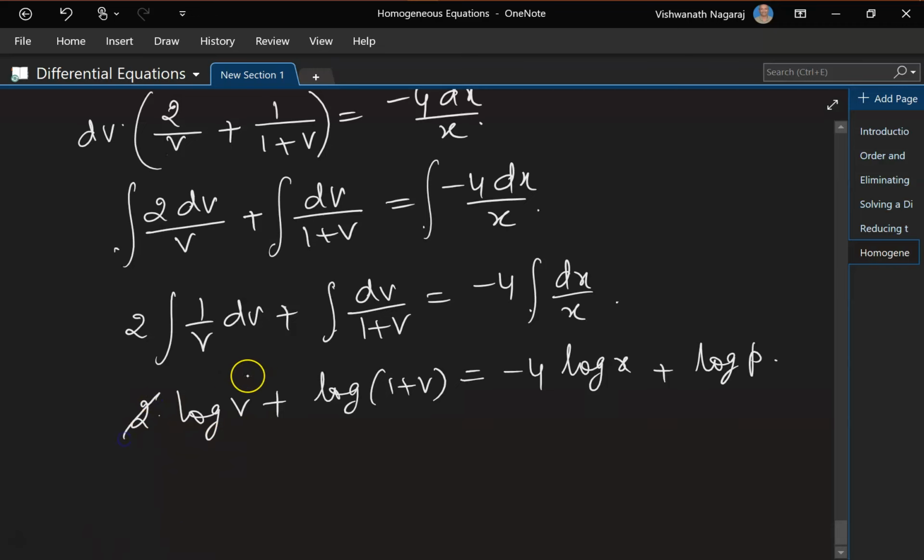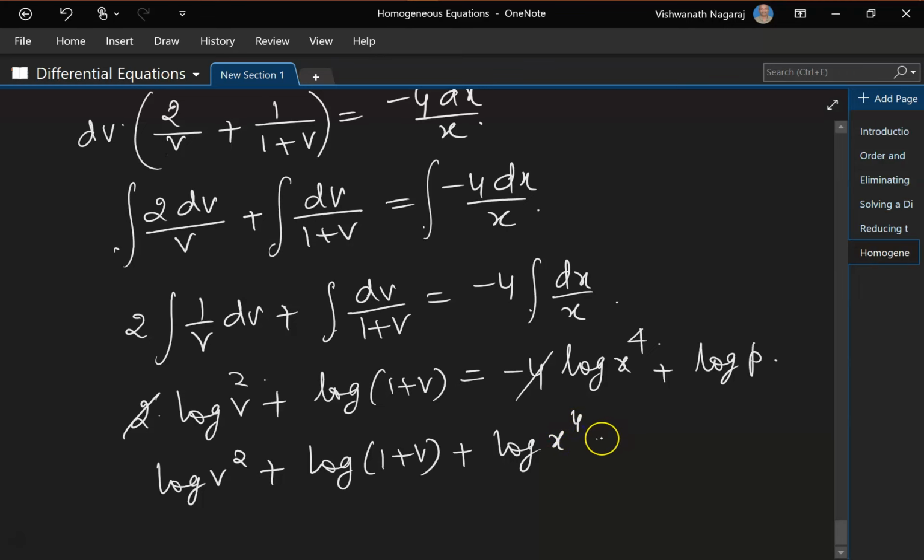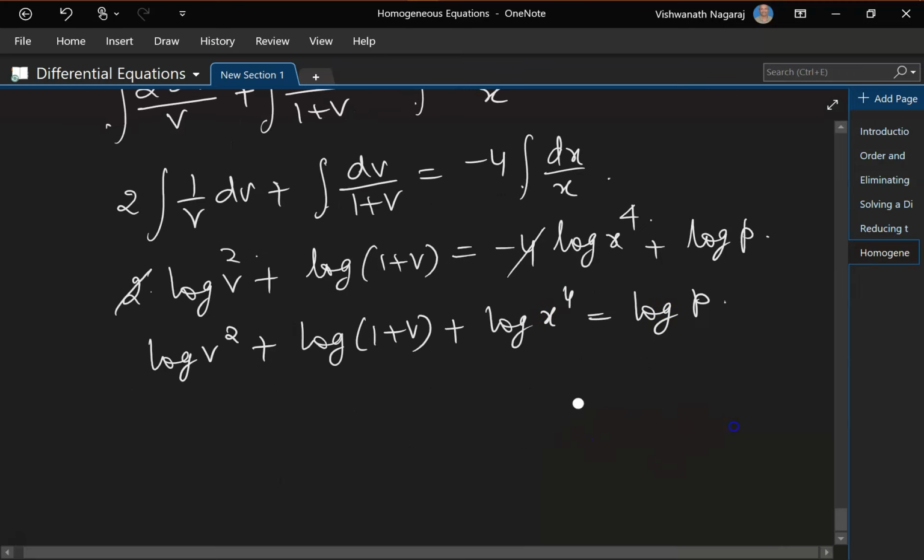So this 2 can go up, so log v square plus log (1 plus v) plus 4 can go up. So this becomes log x to the power of 4 is equal to log p. Now we can combine this. So we can say log of v square times (1 plus v) times x to the power of 4 is equal to log p.